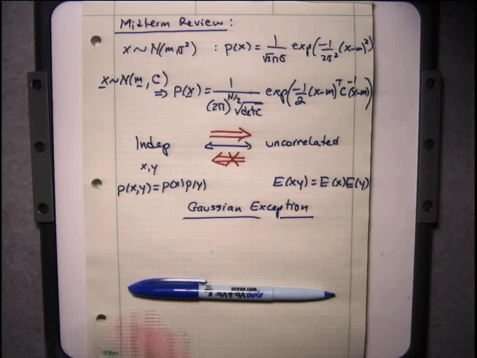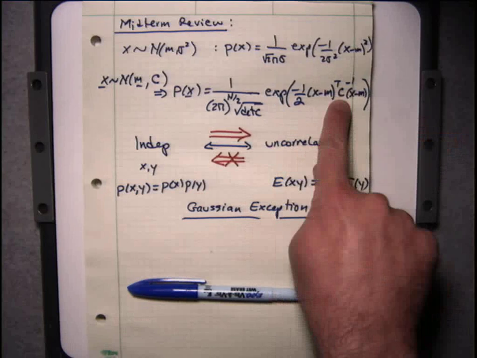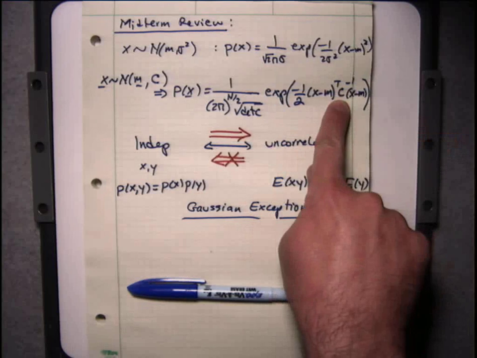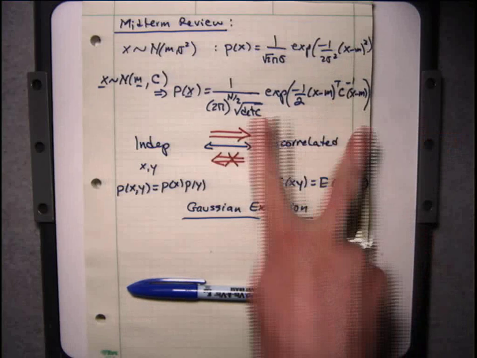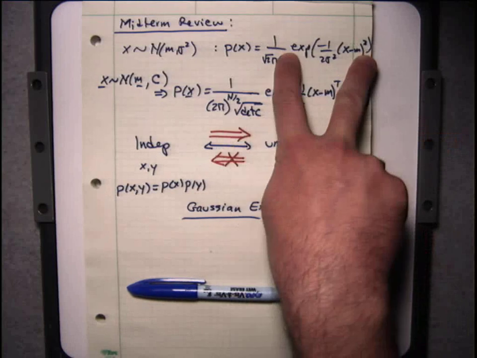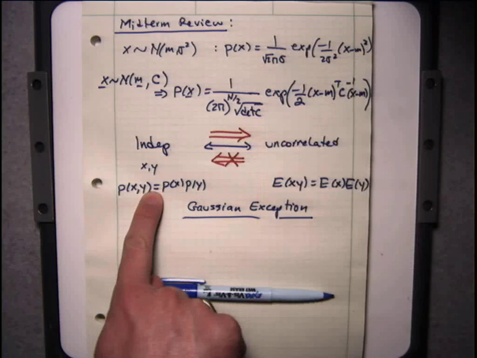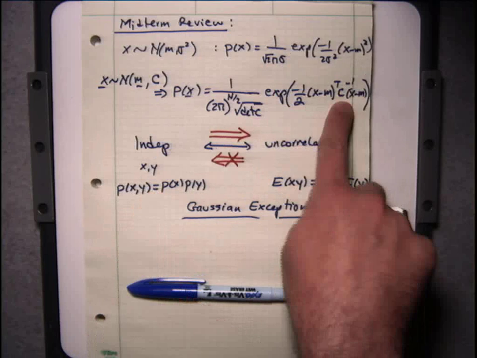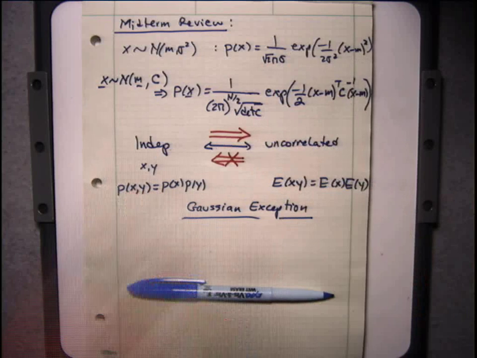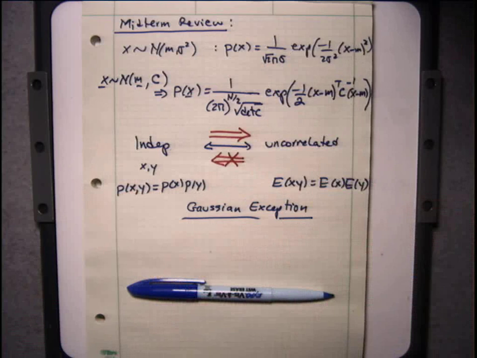And we showed that by writing this expression down with a diagonal covariance matrix, and because of that diagonal covariance matrix, it could be broken down into a product of a bunch of one-dimensional Gaussians, which basically proved the left-hand side. So you started with the right-hand side with the diagonal covariance, and you ended up with this, and that showed that the reverse implication was also true for the Gaussian case. Okay.